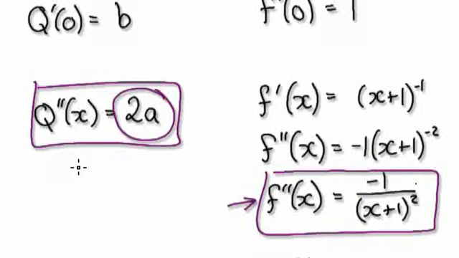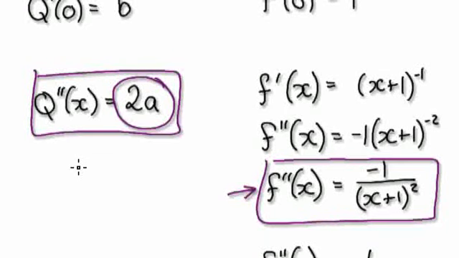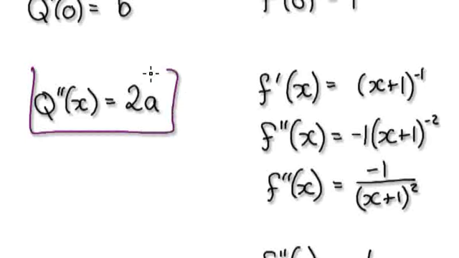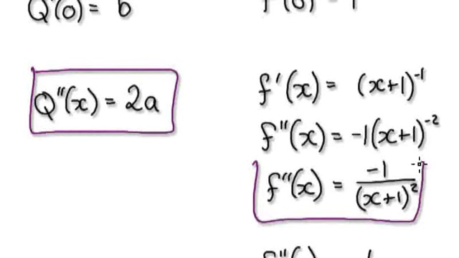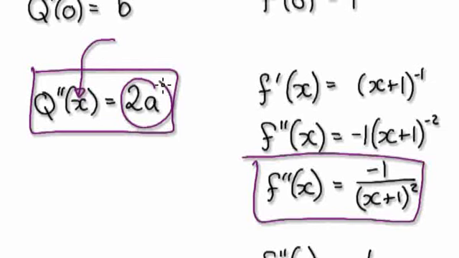So let's evaluate it at x equals 0. This is our second derivative. Put 0 into here, and this will remain at 2a because there's no x around. Even when you put 0 into here, it remains 2a.